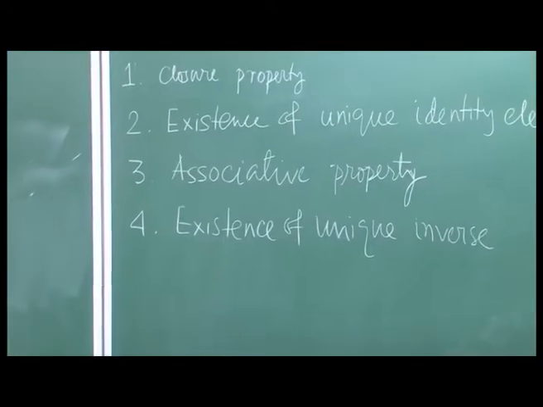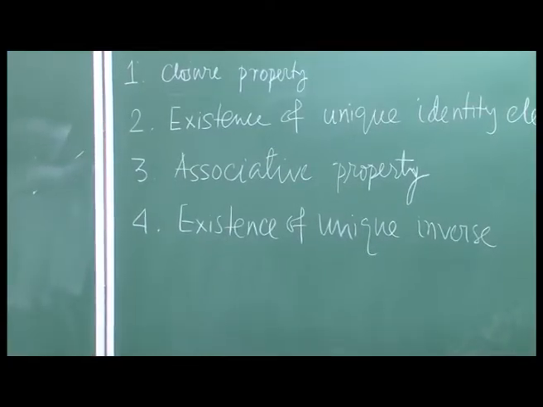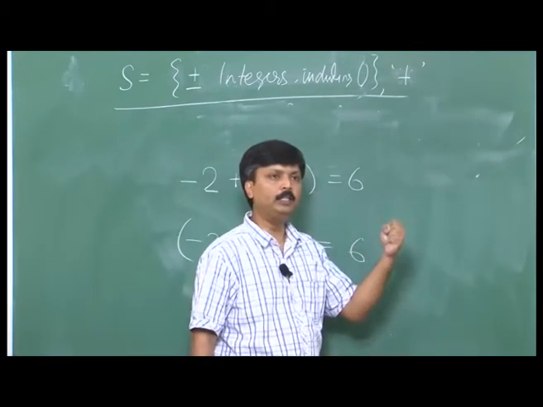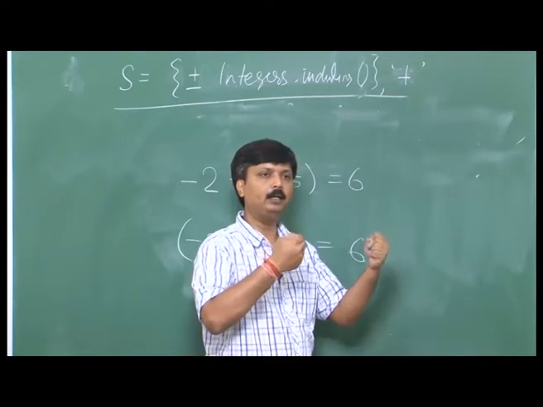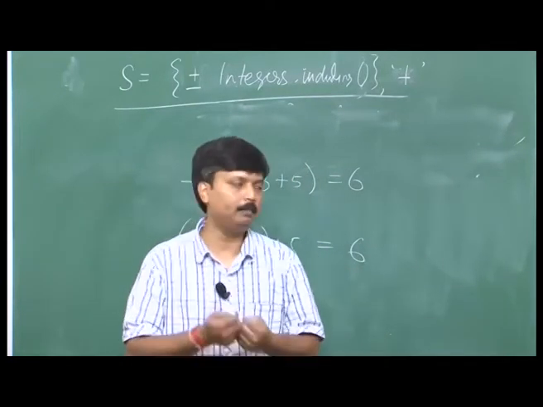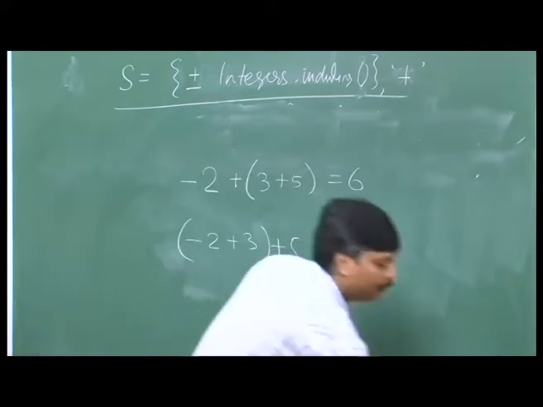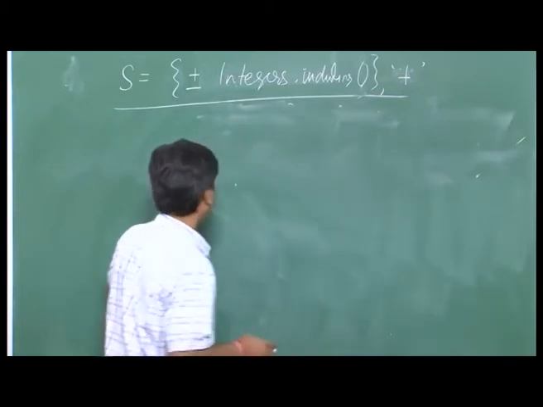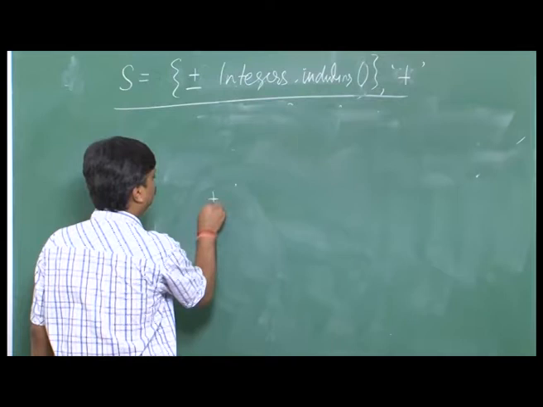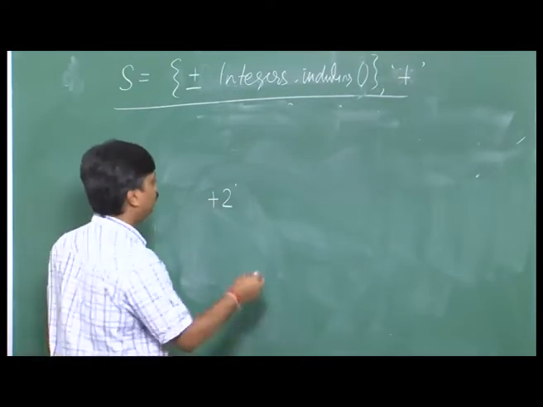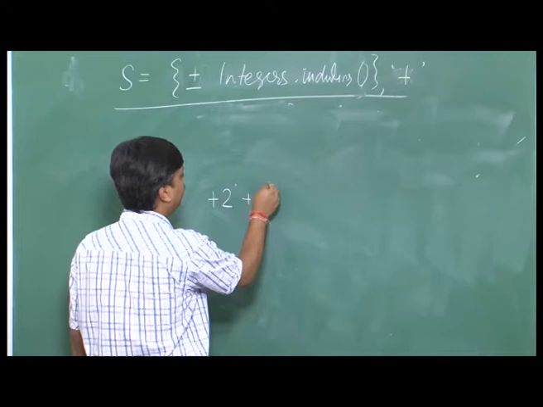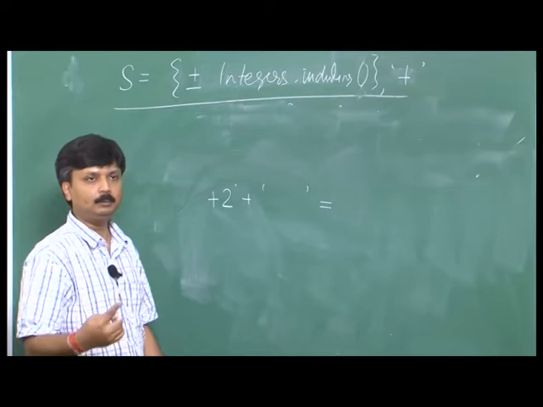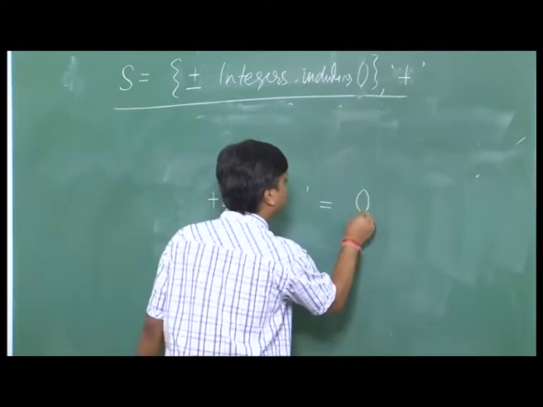Existence of unique inverse. Inverse demands that for any given element I will have another element with which if I combine my previous element, it will result in having the identity element. So if I take, say, for example, any element, say, plus 2, do I have something with which if I add this plus 2, I will get my identity? What is my identity? I got my identity as 0.